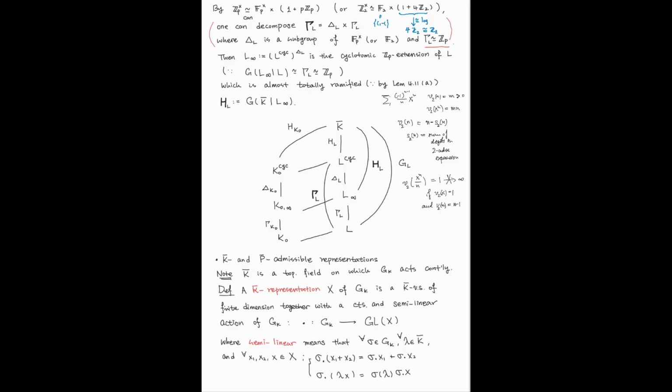Then there exists some F prime, a subgroup in F, and some Z, such that H is equal to F prime times Z.